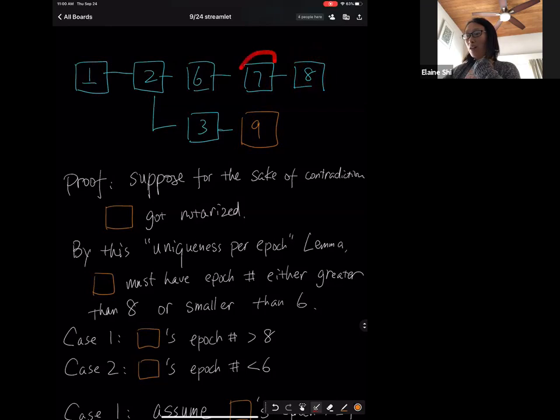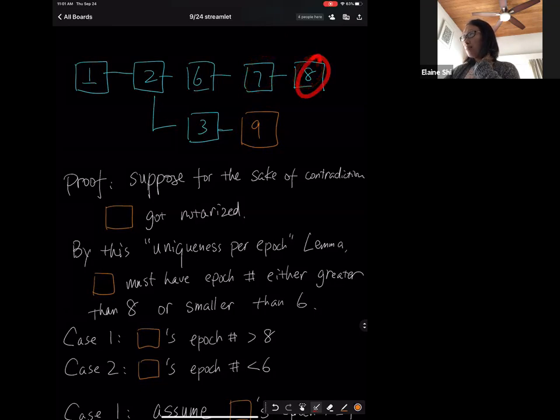So now for all these honest folks who have seen 7 notarized in epoch 8, I'm going to ask you, are they going to vote for this orange block in epoch 9? Note that all these honest folks have seen 7 notarized in epoch 8, and that's why they voted on 8.